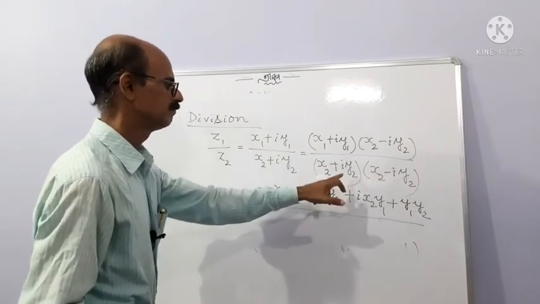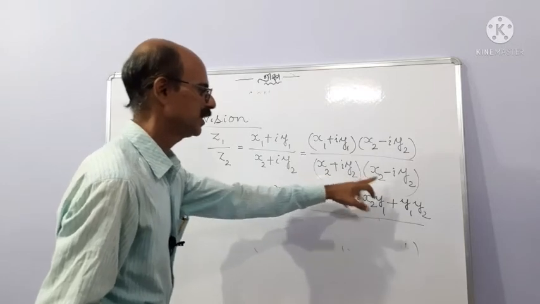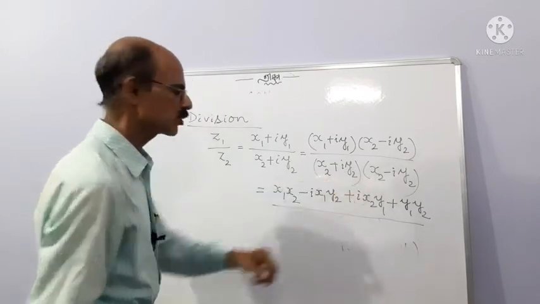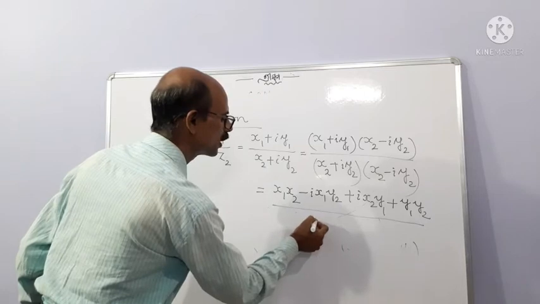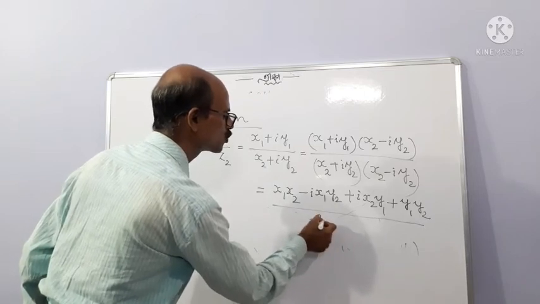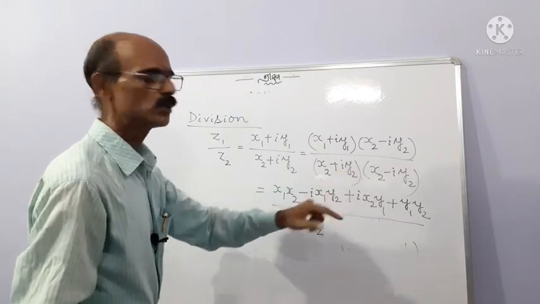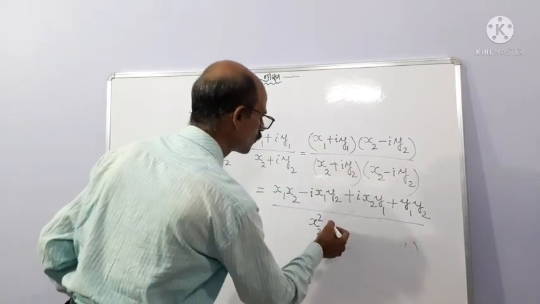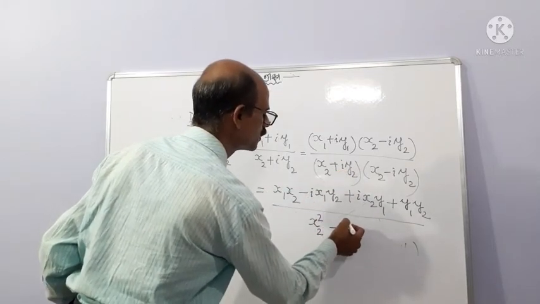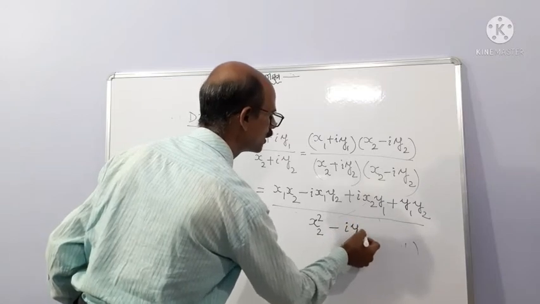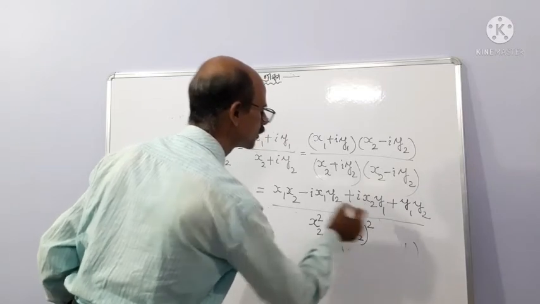It is in the form a plus b into a minus b, so it will be a square minus b square. So a square means x2 square and b square means i y2 whole square. A square minus b square, i y2 whole square.